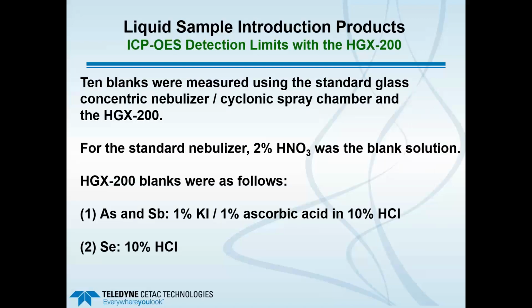So first, before we looked at the samples, we wanted to get an idea of the detection limits. 10 blanks were measured using the standard glass concentric nebulizer, cyclonic spray chamber setup, and the HGX-200. For the standard nebulizer, 2% nitric acid was used as the blank. The blanks for the HGX-200, of course, were reagent blanks. For the arsenic and the antimony, it's the potassium iodide, ascorbic acid in 10% HCl. And for the selenium, it was 10% HCl.